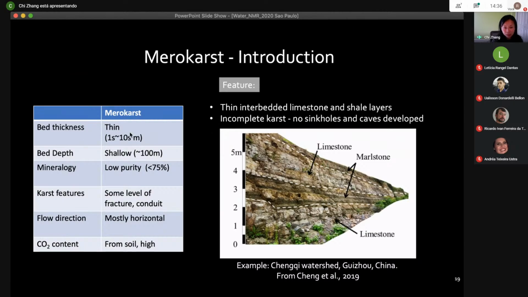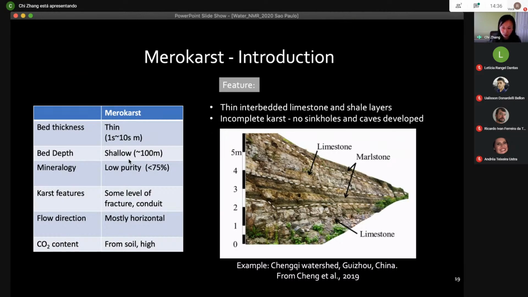The thickness of each lithologic formation is quite thin, usually about 1 meter to tens of meters, and the entire system is usually very shallow and has a very high percentage of impurity. So you don't expect pure limestone or pure dolomite in this kind of formation.